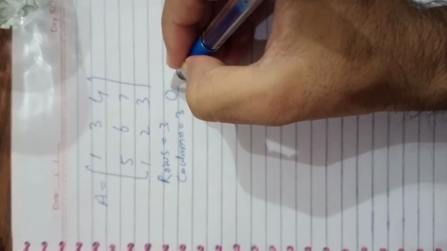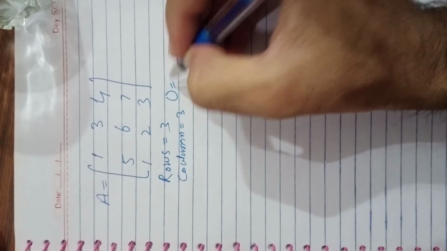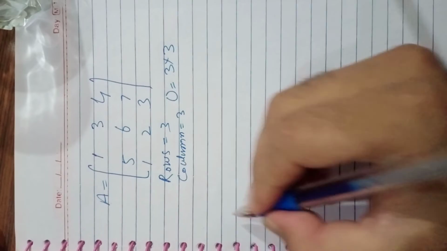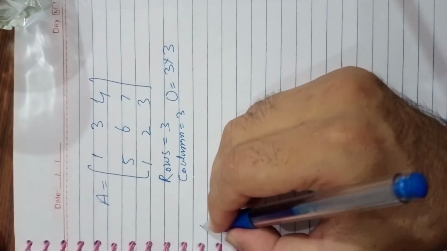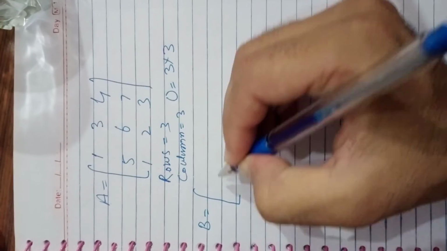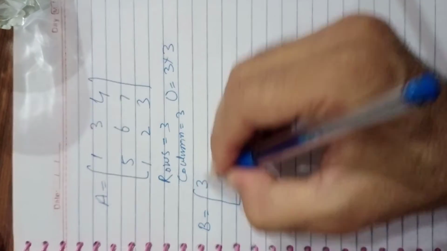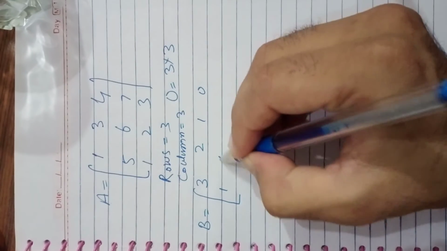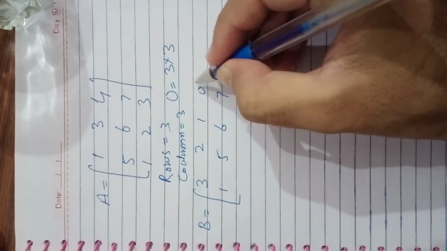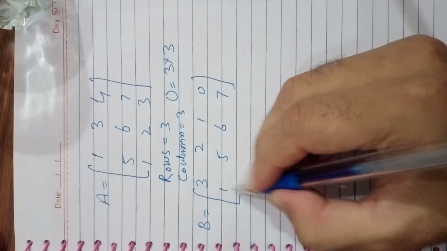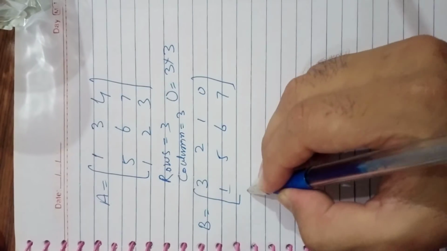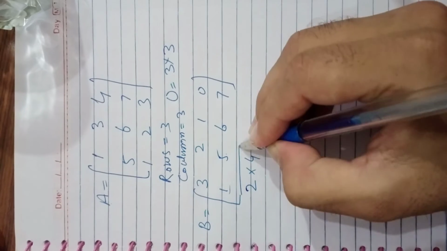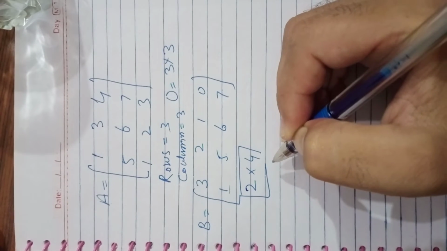So you can write that the order is 3 cross 3. In this case, for example, this is B, 3, 2, 1, 0, 1, 5, 6, 7. So there are 2 rows and 1, 2, 3, 4 columns. So the order is 2 cross 4.